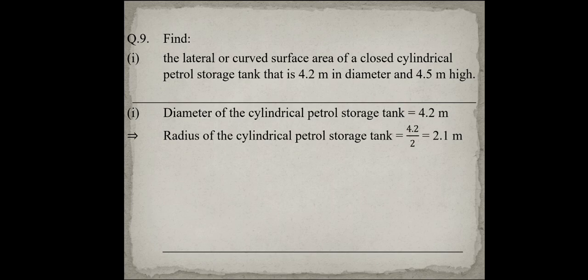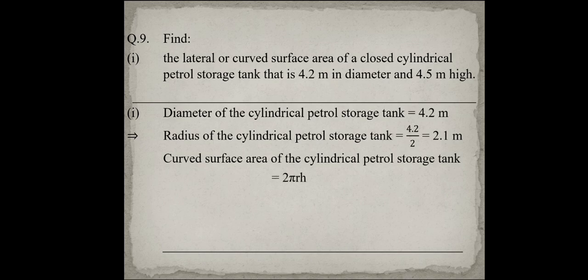Now this is a closed cylinder where you need to store petrol. Petrol, if kept for a long time, will disappear. So it is a closed petrol tank. So now the curved surface area of the cylindrical petrol storage tank is equal to 2 pi RH, because you need to find out the lateral or curved surface area.